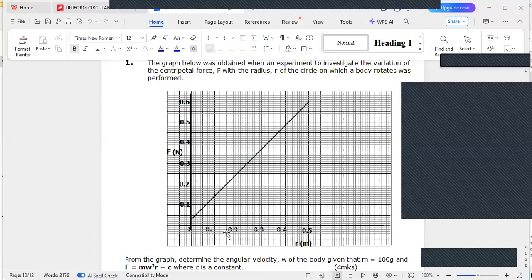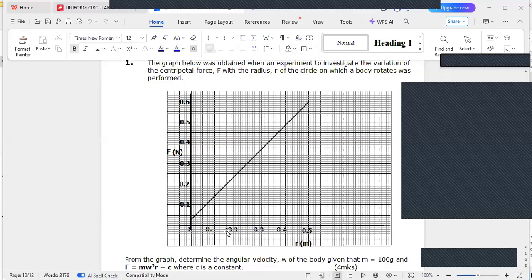Therefore, this is 0.15. Let's make that correction. 0.15 and 0.2. I hope that's clear now. Then we also have 0.5 and 0.6. I think that's okay.